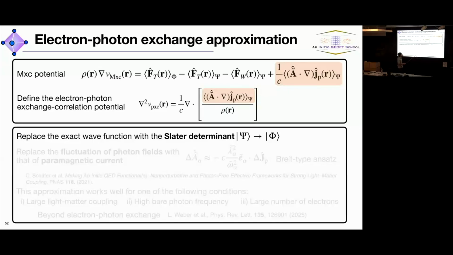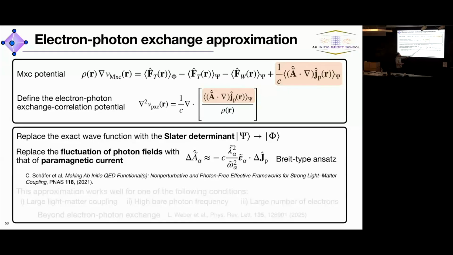So what we do is replace this photon quantum fluctuation in terms of the matter current, the paramagnetic current. This approximation we call a Bright-type ansatz, and if you are interested, you can look into this paper to see how it behaves.